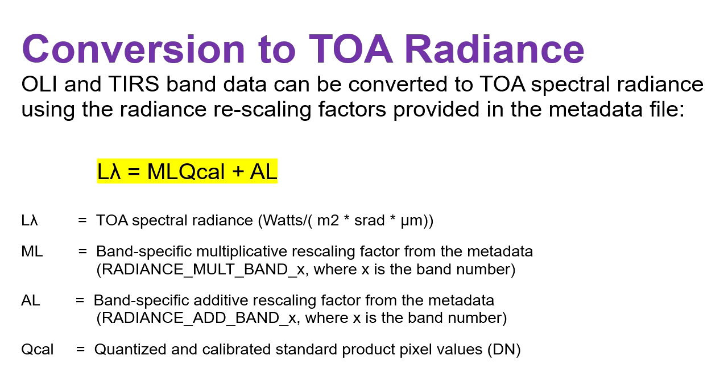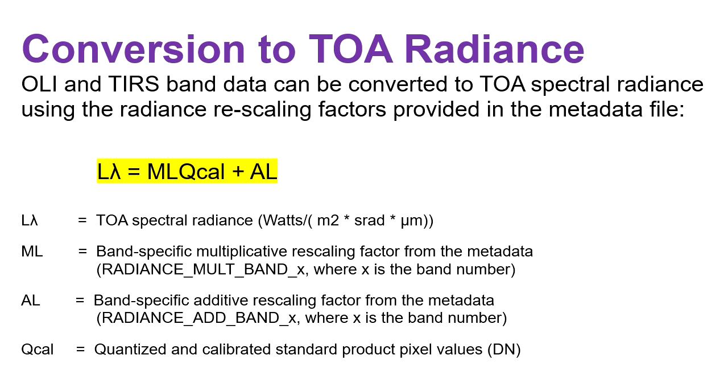In the formula, for the top of the atmosphere spectral radiance, what we need is the multiplying factor, which is given in the form of ML, and here Qcal is the DN values which we have already discussed before, plus an additive factor, which is band specific.